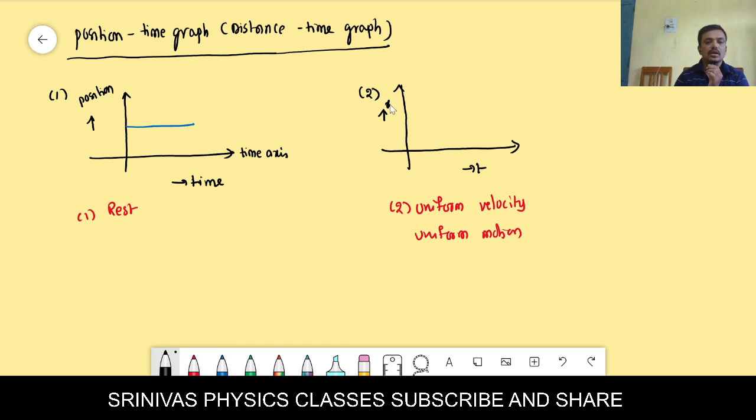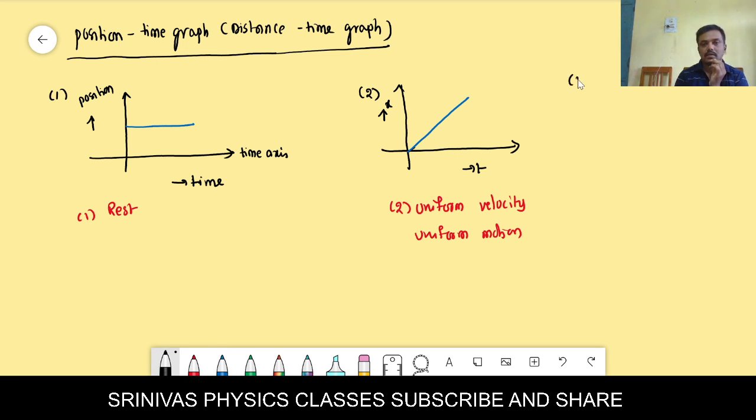For uniform motion, you will get a position time graph like this, a straight line. Uniform velocity means the position should increase. That's why it is going up.